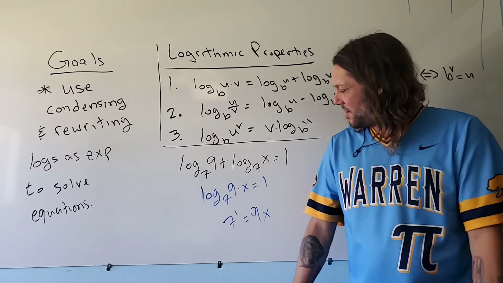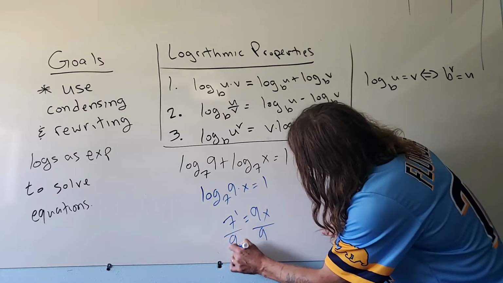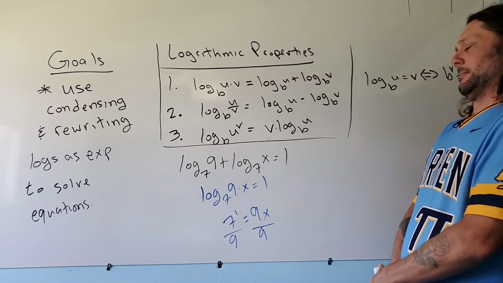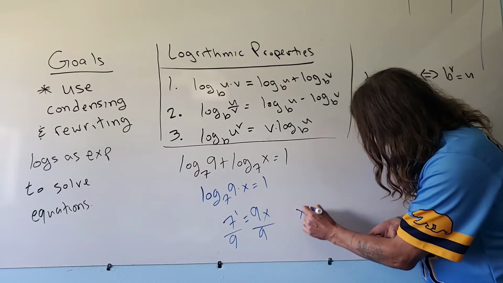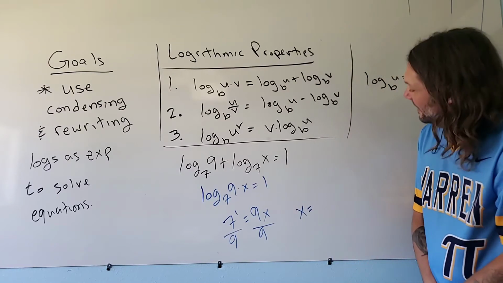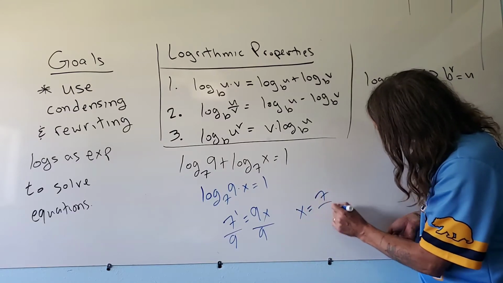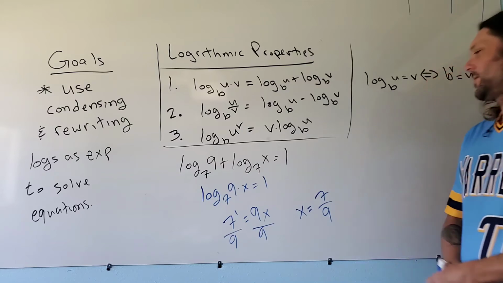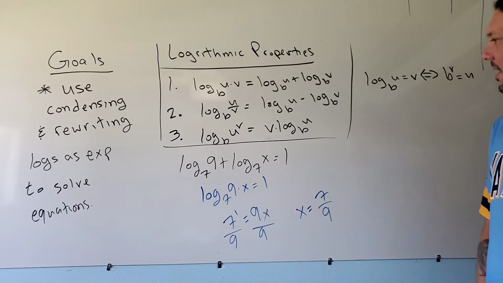I just have to divide away the 9 from the x, and I get that x is equal to 7 to the first power, which is just 7 over 9. All right. And so that's really all we're doing today.